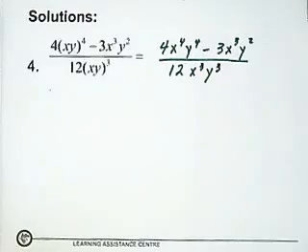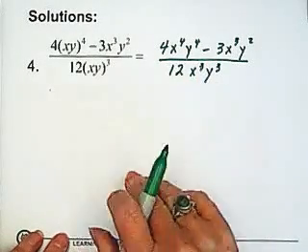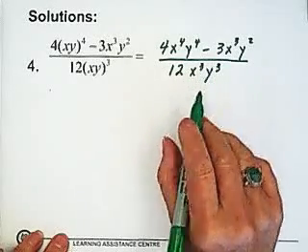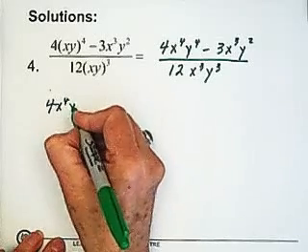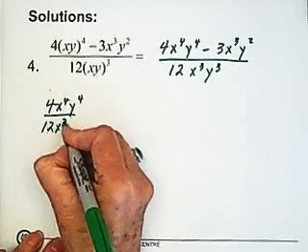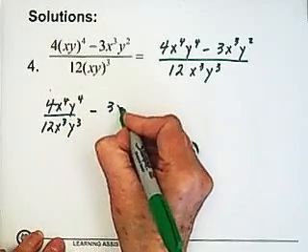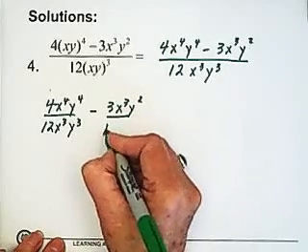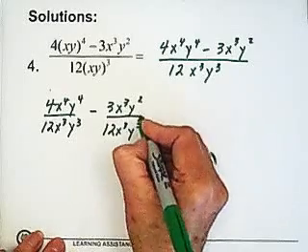Now at this point, we're going to put both of these over the lowest common denominator. So we'll have two fractions here. So we end up with 4x to the fourth y to the fourth over 12 x cubed y cubed minus 3x cubed y squared over 12 x cubed y cubed.